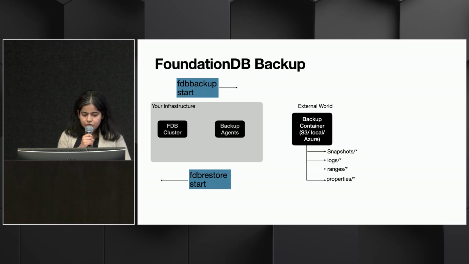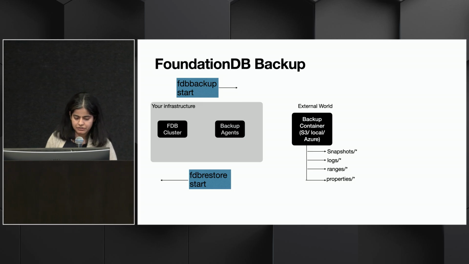First, we'll go over the high-level overview of how backup currently works. On your left, you will see an FDB cluster. This is where your data lives. Now, if you want to run a backup, you have to run the fdb backup start command. The FDB cluster itself doesn't do any backup work. It's done by a separate set of processes called backup agents.